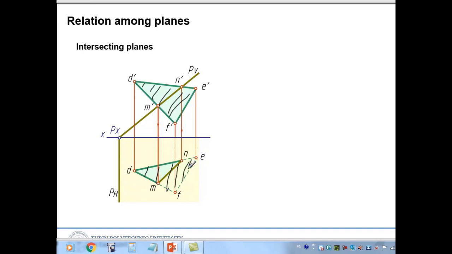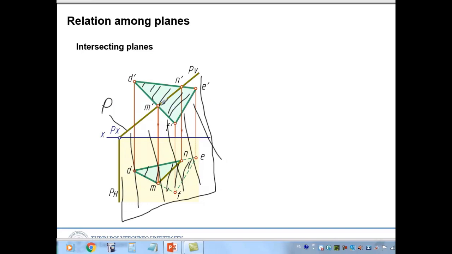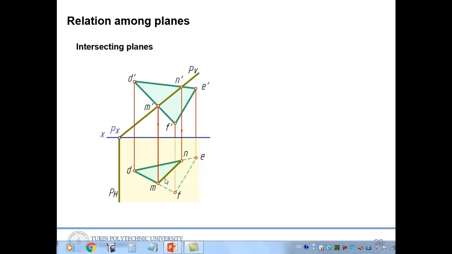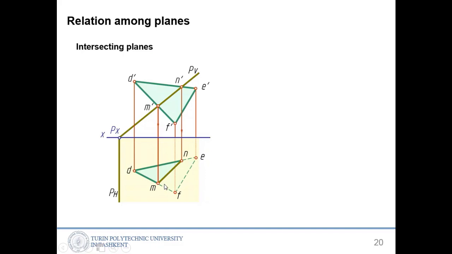The trace of the P plane is given in green, so this is the P plane, PV and PH. This plane is cutting this triangle plane, and then half of the plane becomes hidden and left outside.